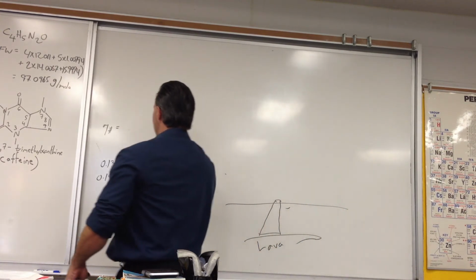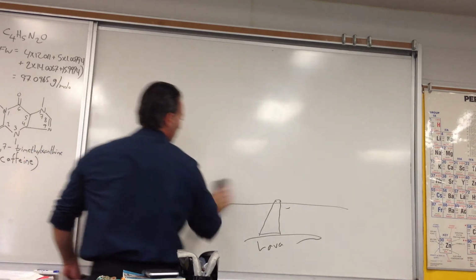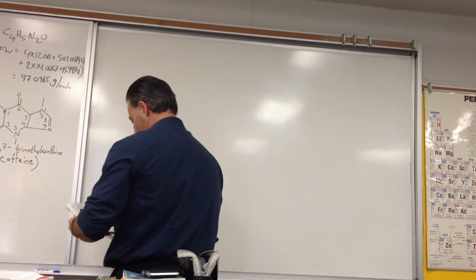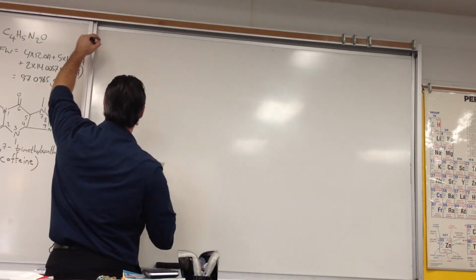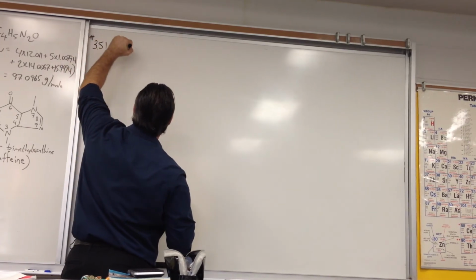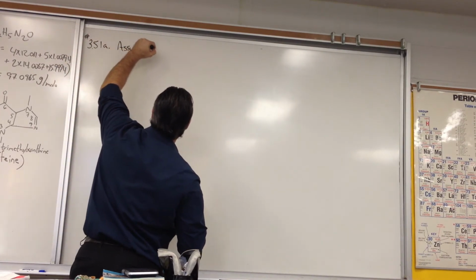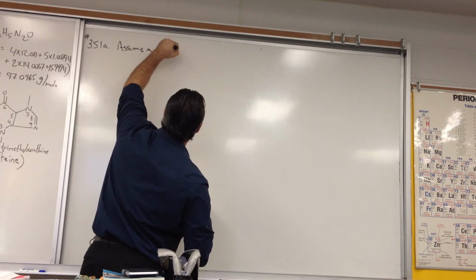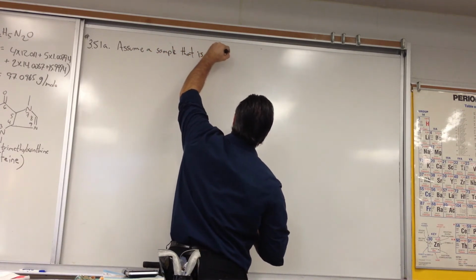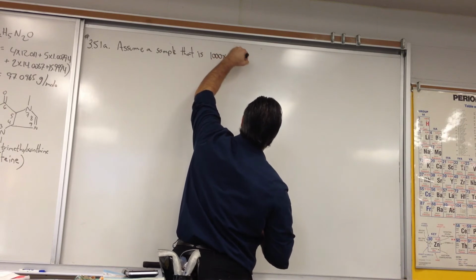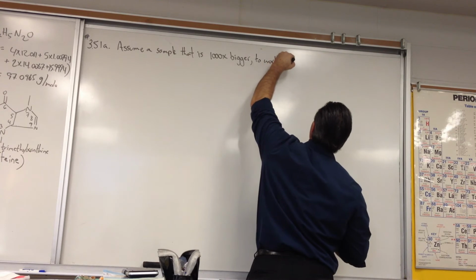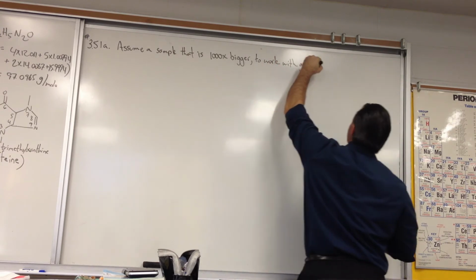All it does is make it easier to work with the numbers because we're now working with grams. So, number 351A: assume a sample that is 1,000 times bigger. Work with grams instead of milligrams.